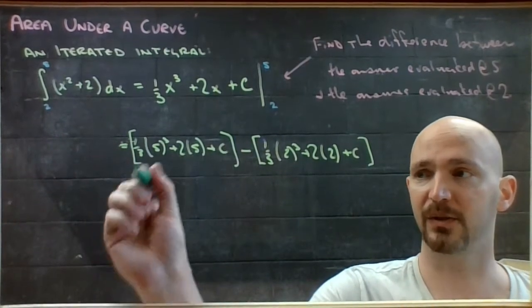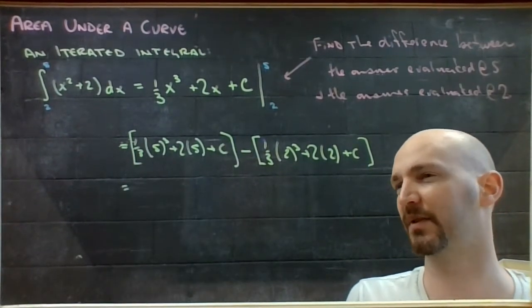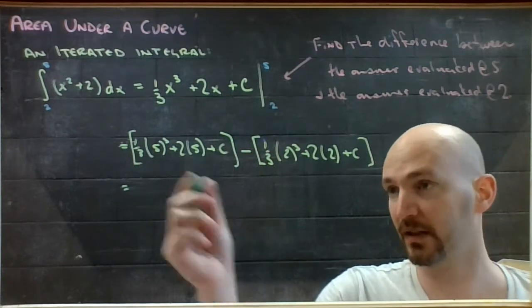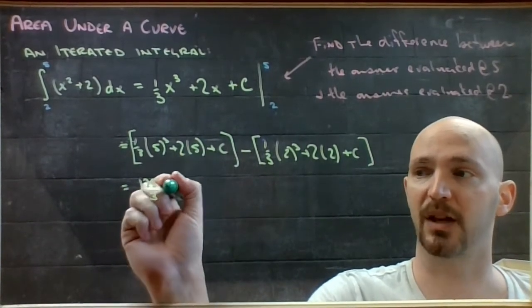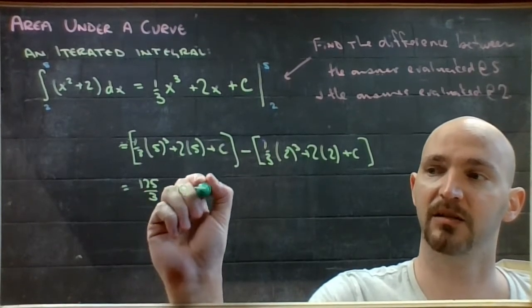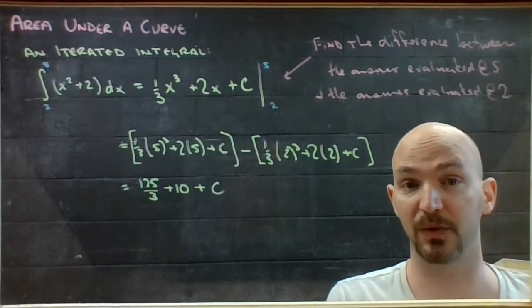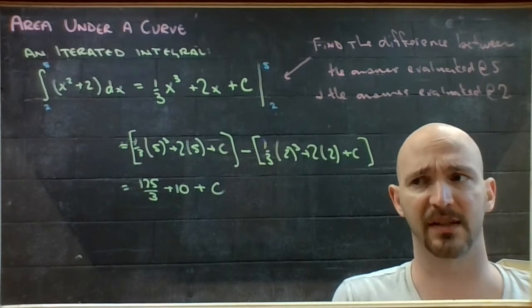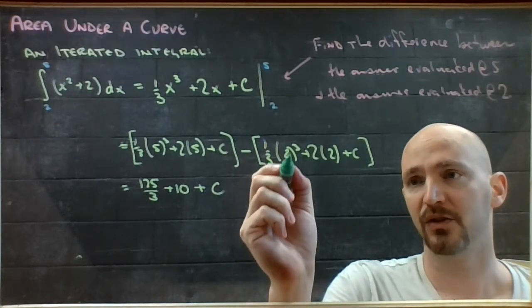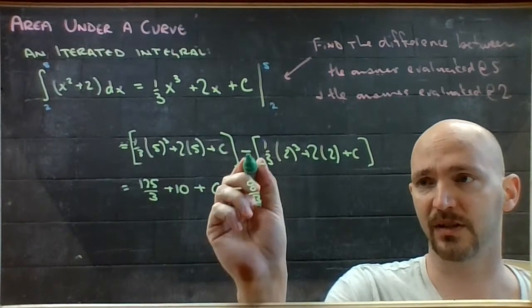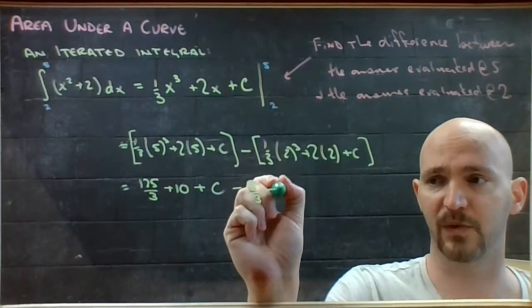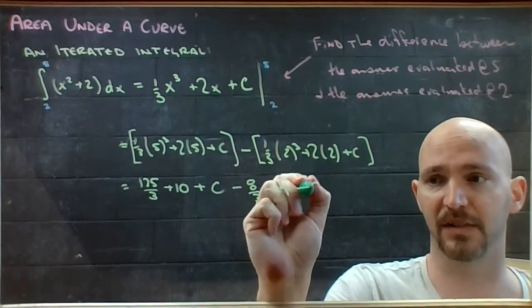So if I actually do that, 5 times 5 times 5 is 125. That's 125 thirds. 2 times 5 is 10, plus this constant, which I still don't know a value of. Turns out it doesn't matter. 2 cubed is 8, so that's minus 8 thirds. Subtract 2 times 2 is 4. Subtract this constant, whatever that is.